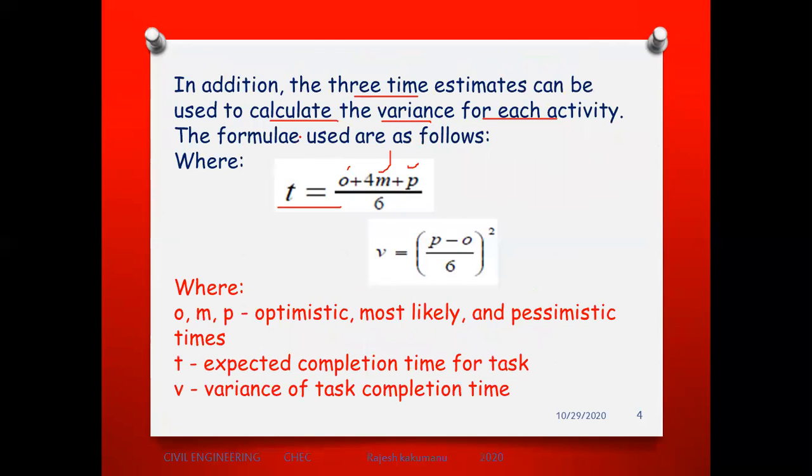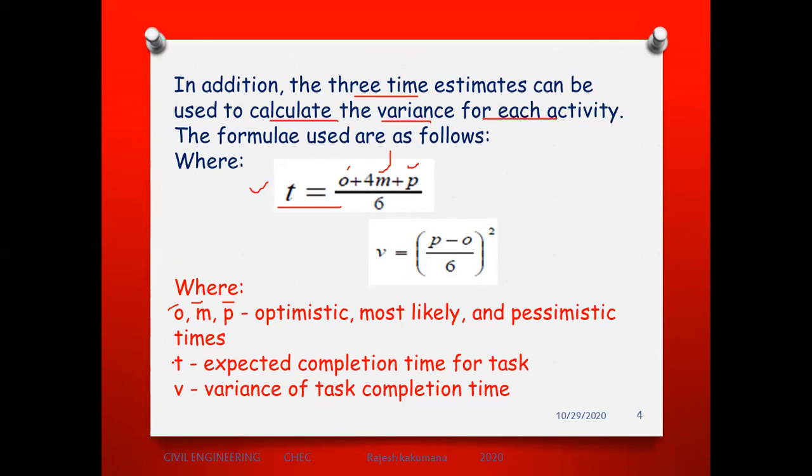Whenever we use these three time estimates and solve the problems, we have the formula T equals O plus 4M plus P divided by 6, and the variance V equals P minus O divided by 6, whole squared, where O is the optimistic time, M is the most likely time, and P is the pessimistic time.